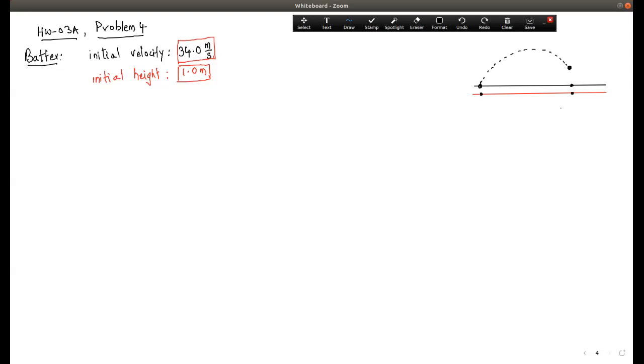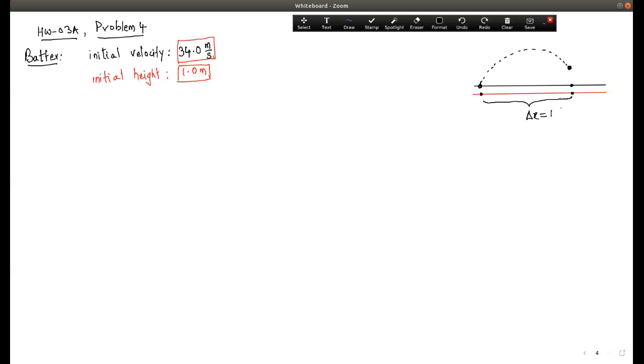And let me mark that distance as delta x. The motion is confined to that region, because this is the horizontal range that we are talking about, which is given to be 100 meters away.